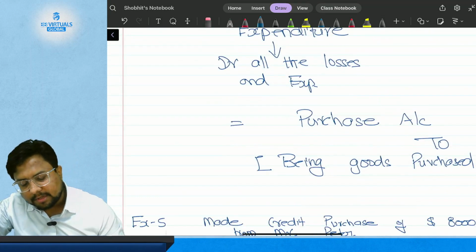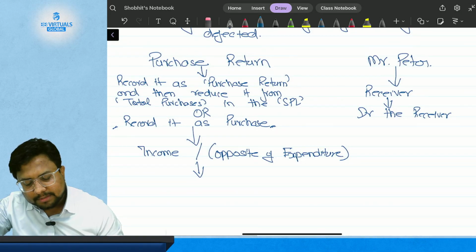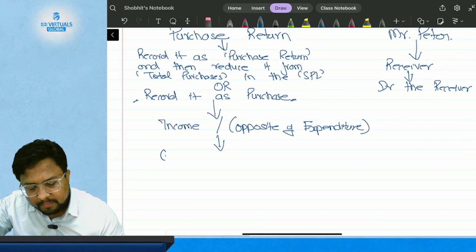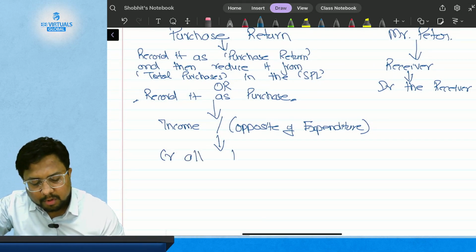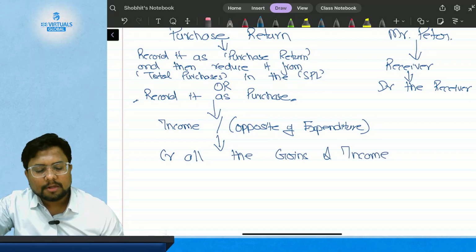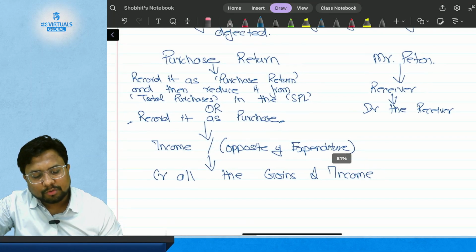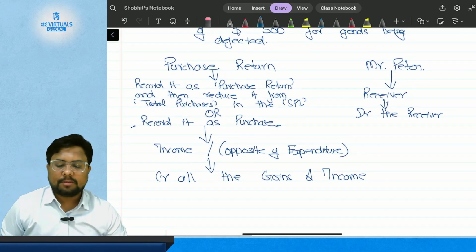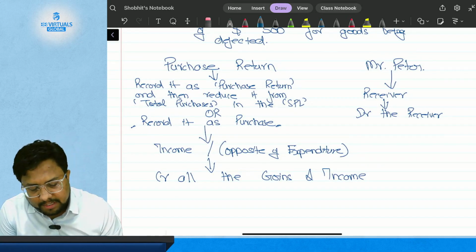So I will do the same thing on this element, that I will credit all the gains in income.